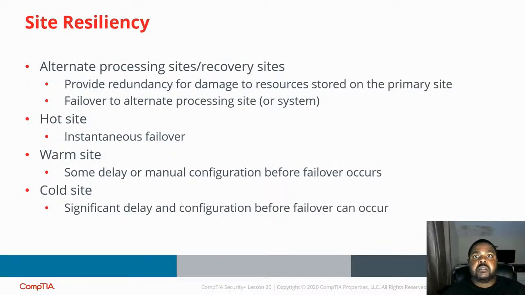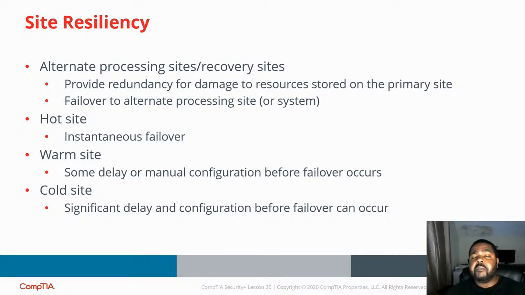Now, a lot of times in disaster recovery, you'll see a lot of focus on site resiliency, and that's setting up a hot site, a warm site, or a cold site. These are all places we can set up that are a mirror image of what we do at our primary place of business, right?